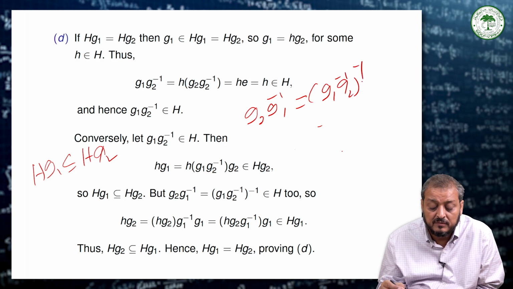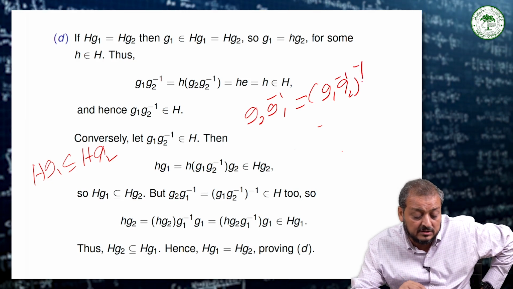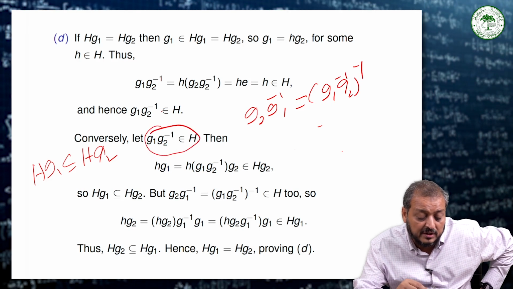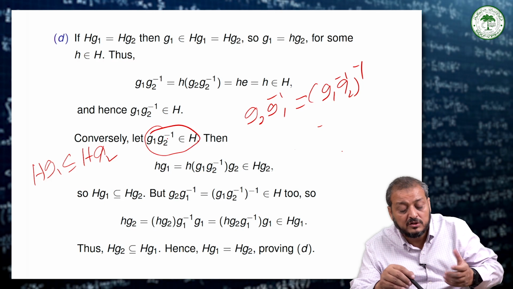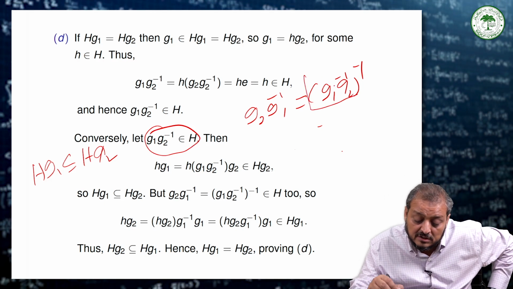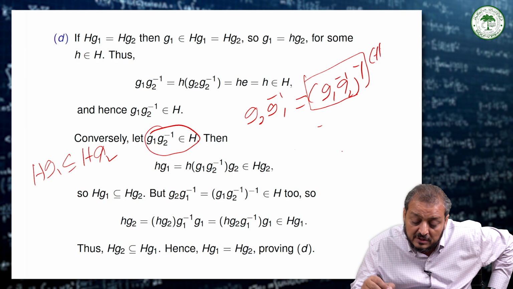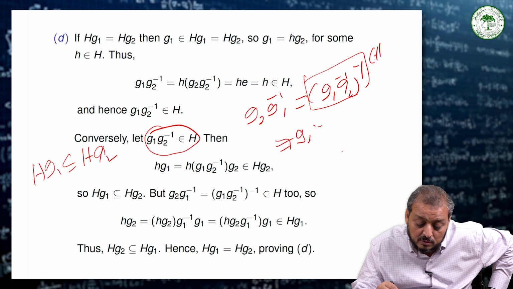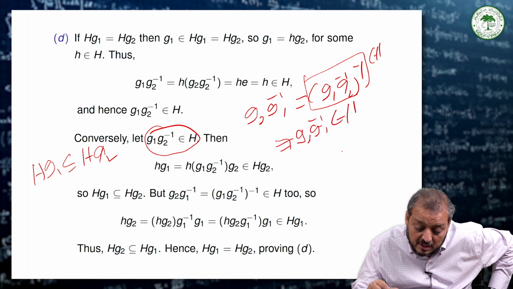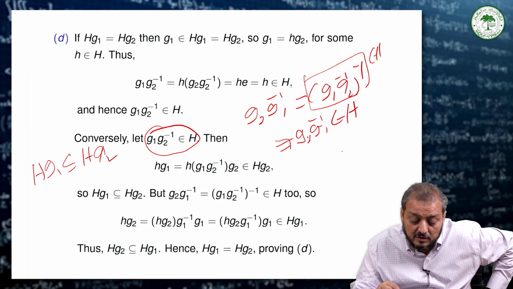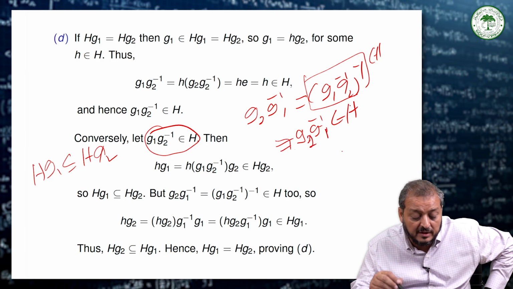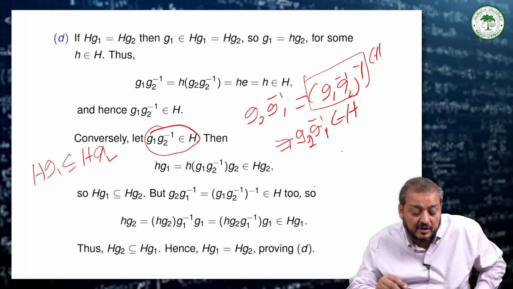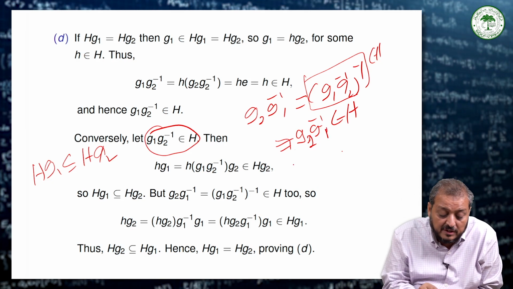Since g1 g2 inverse is an element of H, its inverse is also an element of H. This implies that g2 g1 inverse is also an element of H. We start again in a similar fashion from Hg2.